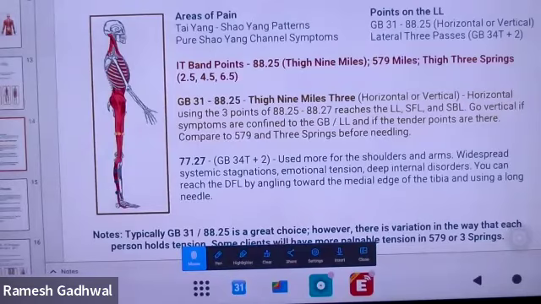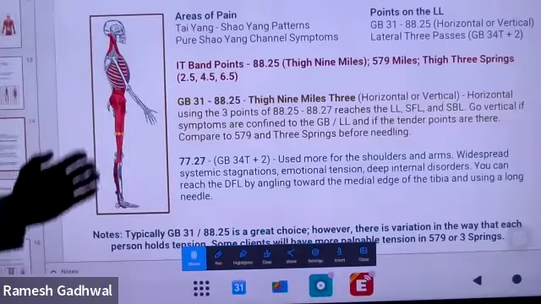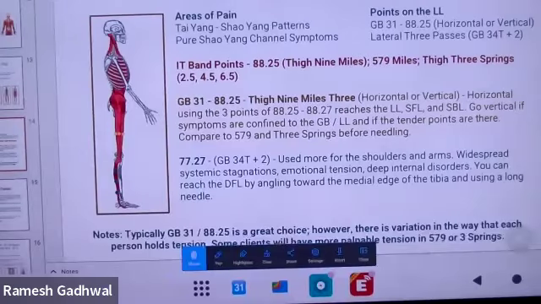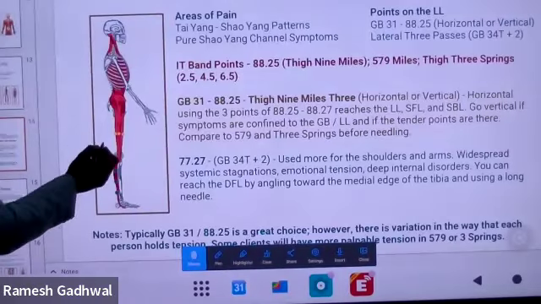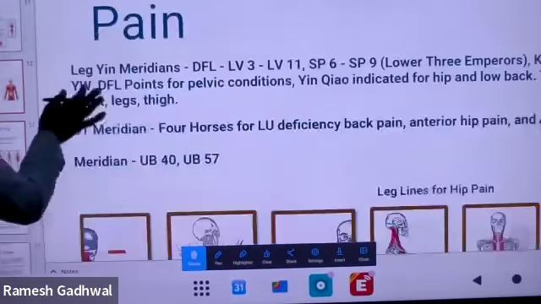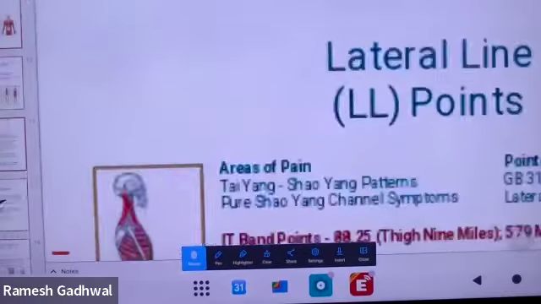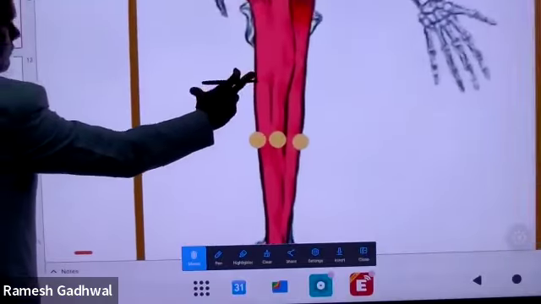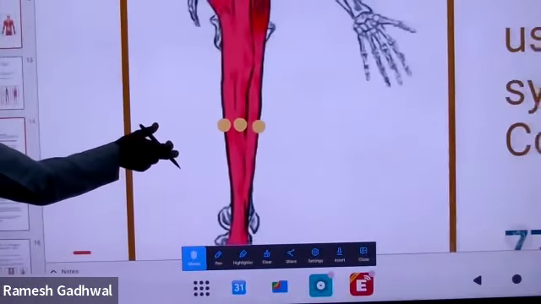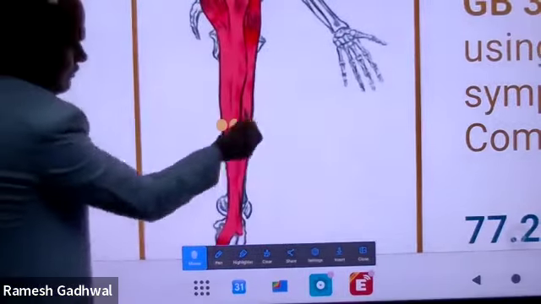So GB 31 and 88.25, thigh 9 miles, are 3 horizontal points. Using 3 points, 88.25, 88.26, 88.27 reaches the lateral to the superficial line and back line. So here you see, if you are watching this, which muscle is this?